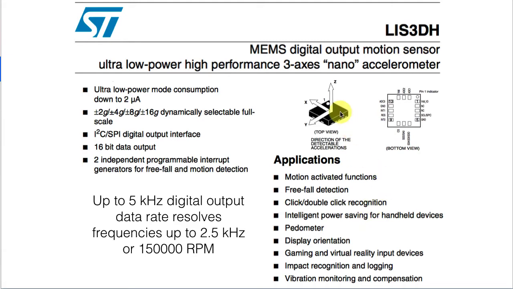Now we can make measurements of acceleration with this device and detect a variety of things. We might want to detect whether something's moving. So if we want to know systems are in motion, we can activate various functions based on detecting the current acceleration.